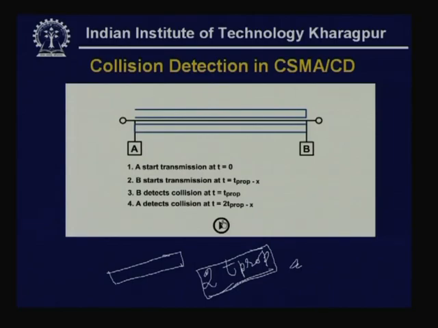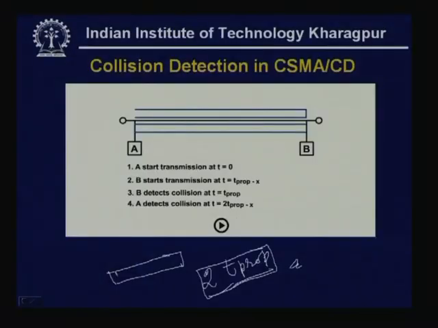How is collision detected? A station is transmitting a packet, and if it receives some other signal, some other carrier, then it detects collision. To do that, the requirement is that the packet transmission time, t transmission, should be greater than or equal to 2 times t propagation. If this condition is satisfied, all the stations will be able to detect collision.